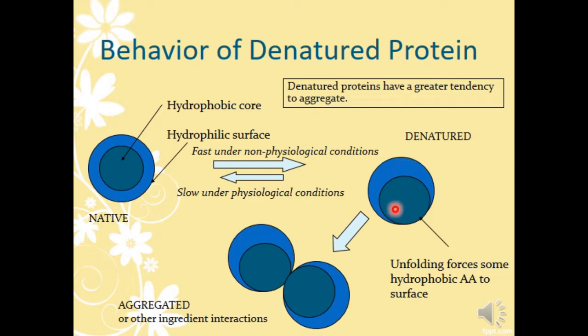It forces the hydrophobic core to the surface, and when it goes to the surface, it aggregates with another native molecule of protein, and that is why denatured protein changes in terms of physical appearance. So initially liquid egg, after boiling, becomes solid hard boiled egg.